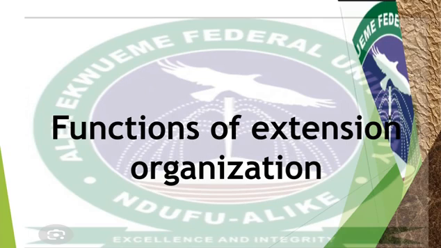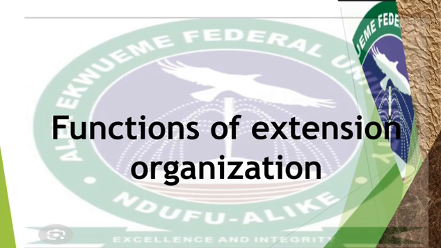Extension organization goes into division of labor, ensuring that every member of the organization aligns him or herself to a certain task. And then, as the individual gets involved in such tasks, he is not distracted by other responsibilities or assignments.